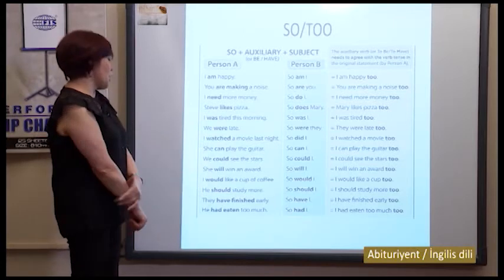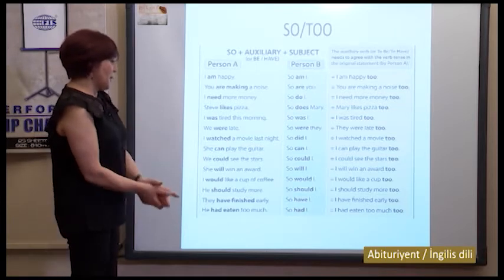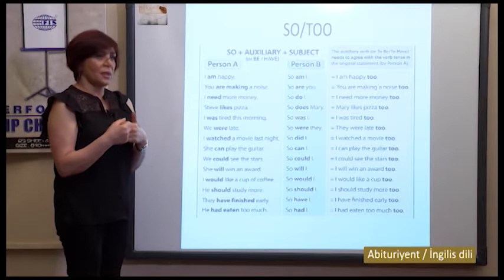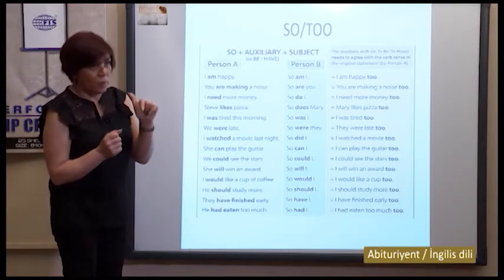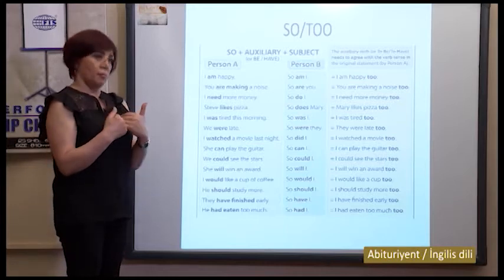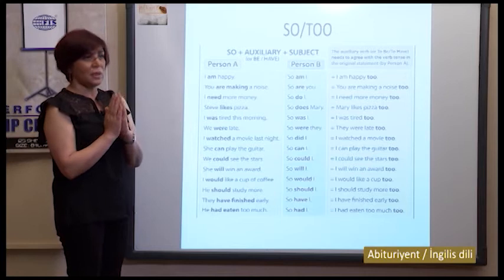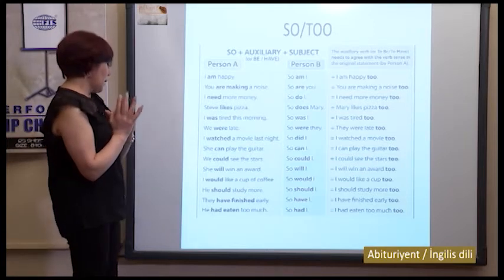Then what about the future? I will win an award. And I say, so will I, or I will win an award too, or I will also win an award, or me too. You see, me too. If it is me, you don't need any auxiliary, you don't need any modal verb here.